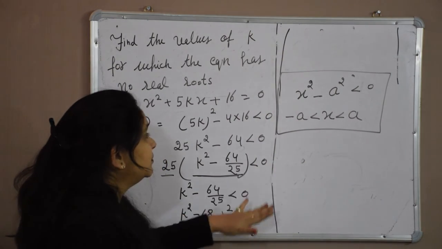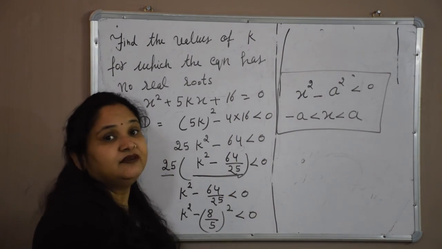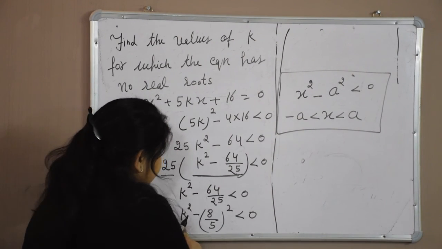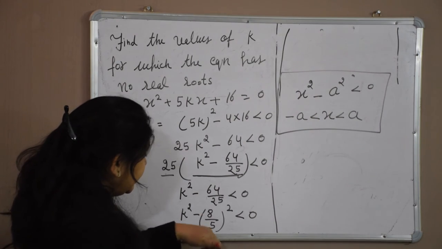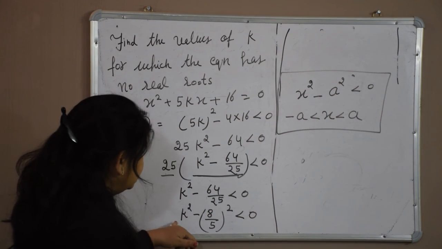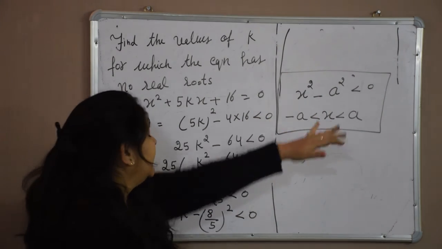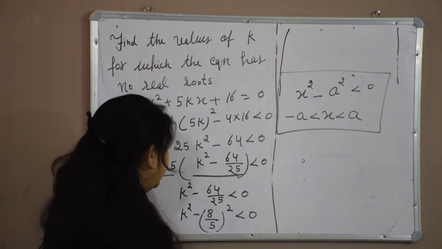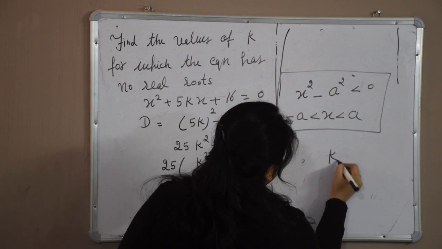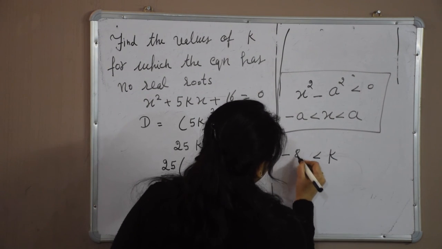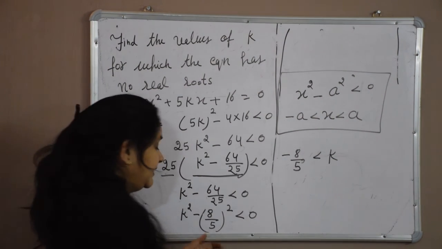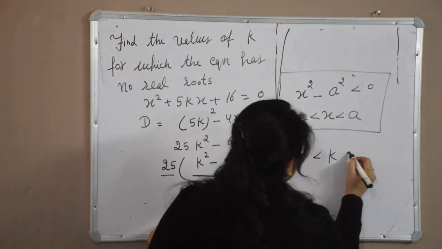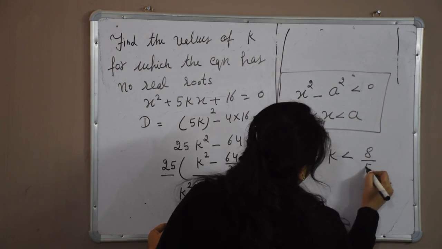For less than 0, the question is quite different; we can't use the results directly. So here k square minus (8 by 5) whole square becomes x square minus a square, and it is less than 0, therefore k should be greater than minus a and less than a. From here we can say that k should be greater than minus 8 by 5 and less than 8 by 5, because our a is here 8 by 5.